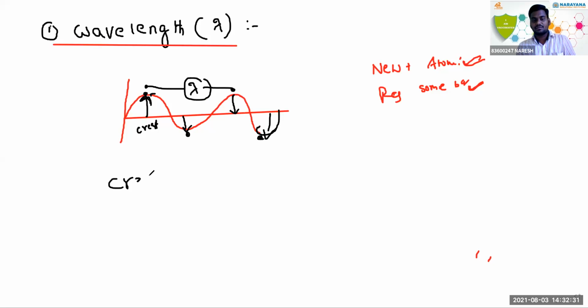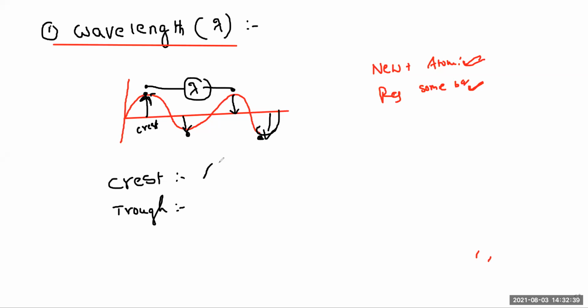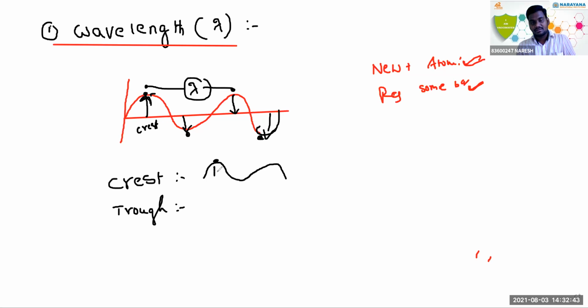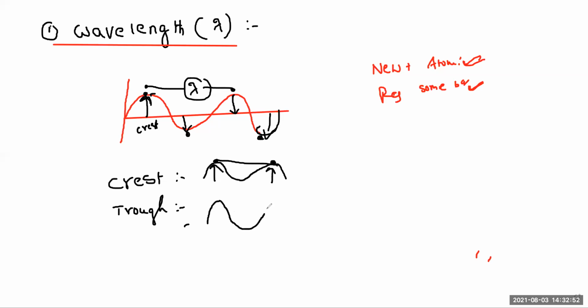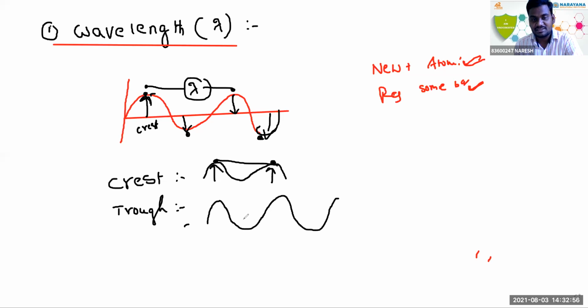Once again, what is a crest and what is a trough? The point of maximum upward displacement is called a crest. So this is a crest. The point of maximum downward displacement is called a trough.